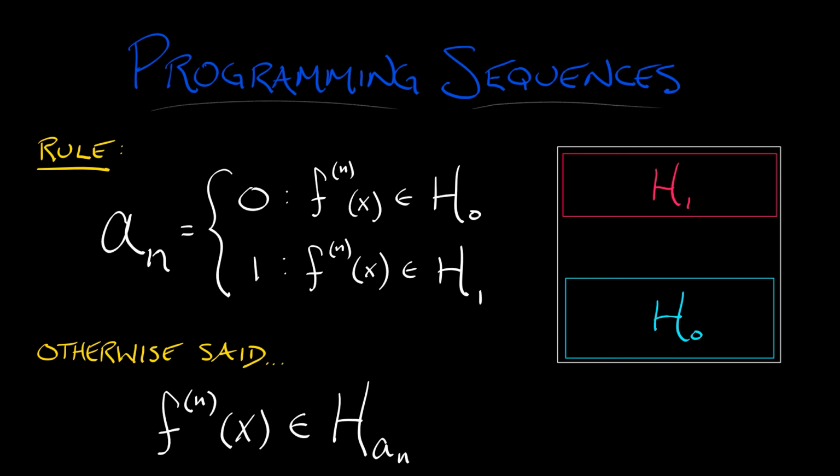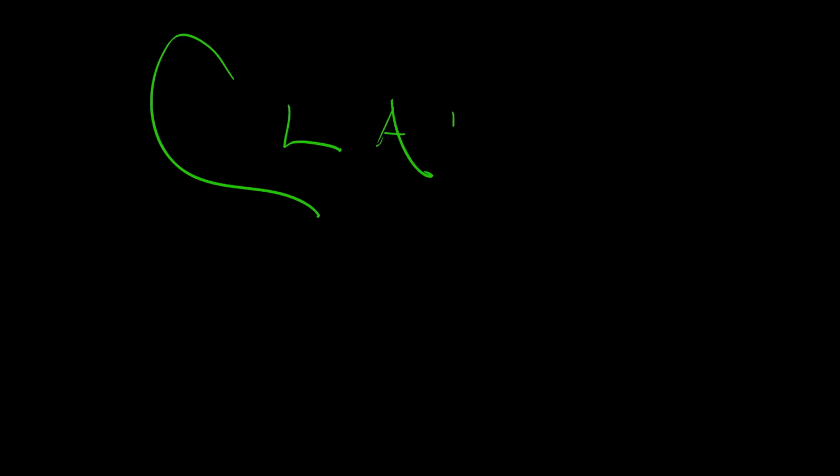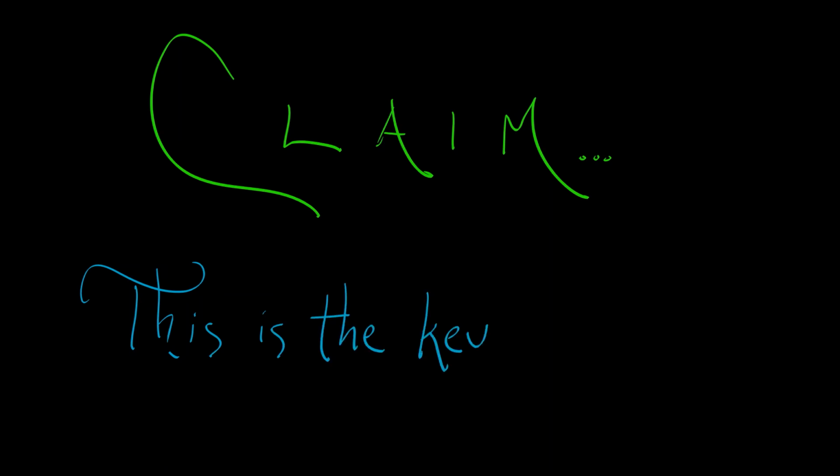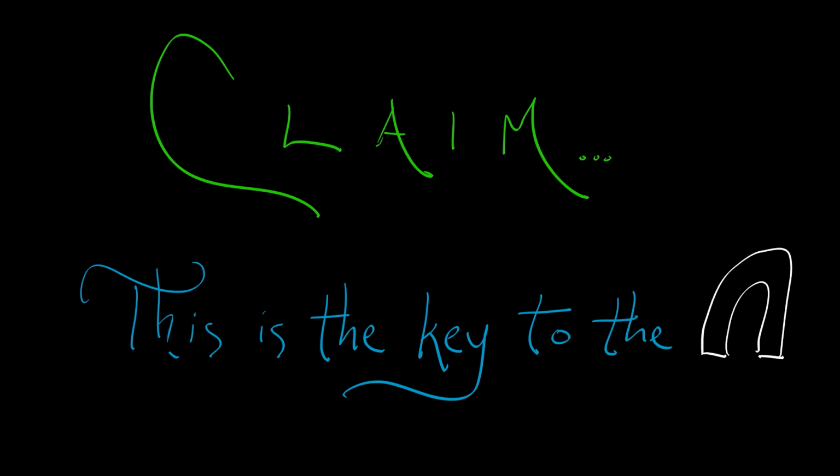Whichever way you prefer to remember it, doesn't matter. It's all good. The important thing is we now have itineraries for points in the invariant set, and we claim that this is the key to understanding the dynamics of the horseshoe map. It's going to take a little bit of time for us to work out the proof of that. But for now, focus on how you define those itineraries or symbol sequences.